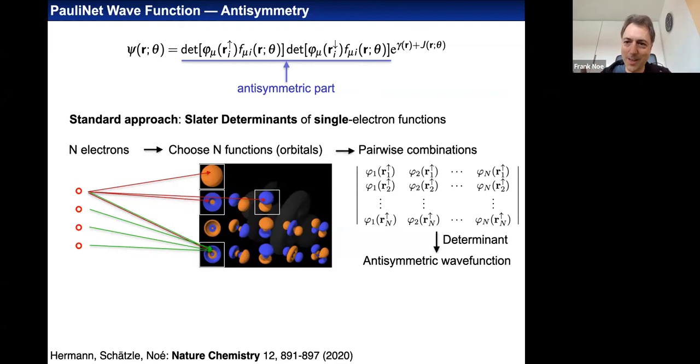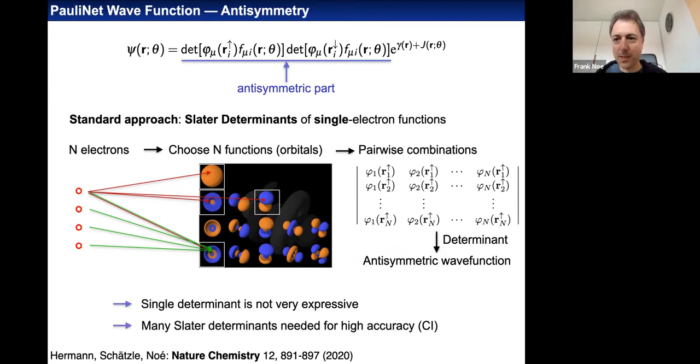Now, if you fix the functions, then this generally means that in order to get a solution for a given molecule, you're not getting a very high accuracy result with a single determinant or a few determinants. If you want to get a high accuracy result, you need to use many determinants. And these many determinants come from the fact that you can select many subsets of n functions from a larger basis set. So that's the fundamentally combinatorial problem here.